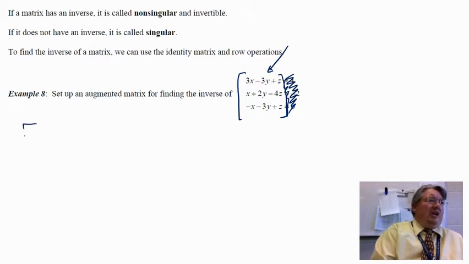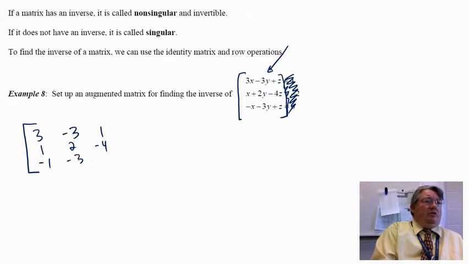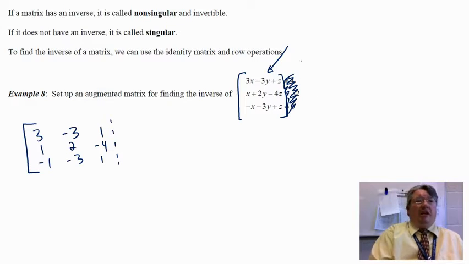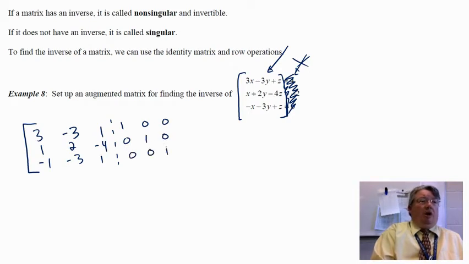So if I set up this matrix to find an inverse, I have to write down the coefficients, 3, -3, 1, and then 1, 2, -4, and then -1, -3, 1, but I augment it to find the inverse, and I don't augment it with the answers right there. I augment it with an identity matrix, so 1, 0, 0, 0, 1, 0, 0, 0, 1.